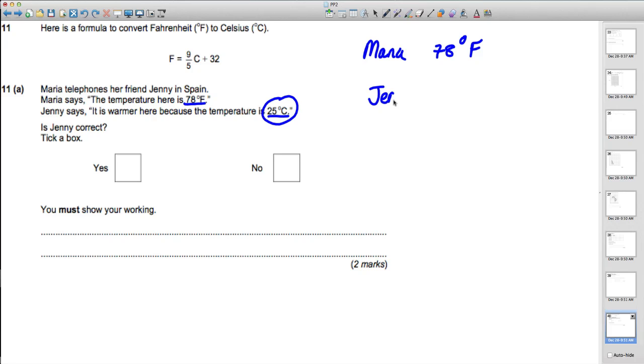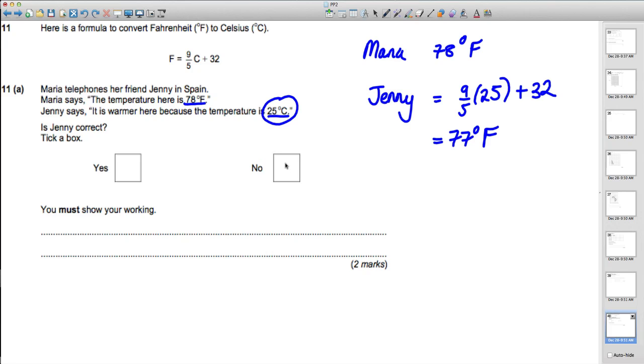So Jenny's Fahrenheit temperature must be 9/5 multiplied by 25 plus 32. Now you could just type that straight in your calculator: 9/5 times 25 plus 32 is equal to 77 degrees Fahrenheit. So Jenny says it's warmer here because the temperature is 25 degrees.